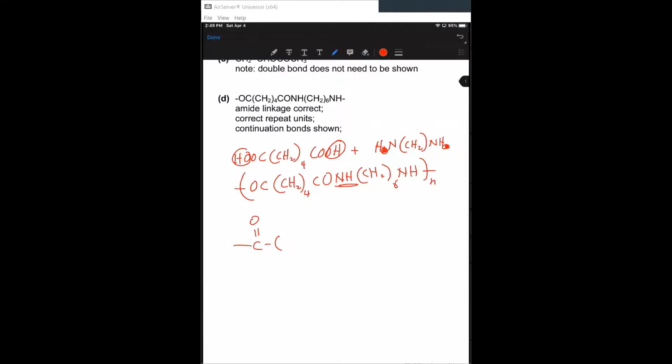If you draw the displayed structure, it will be a very long structure. So CH2, CH2, CH2, CH2, 4 times, this part.